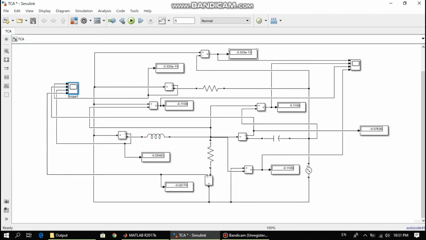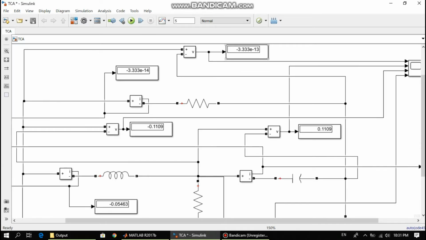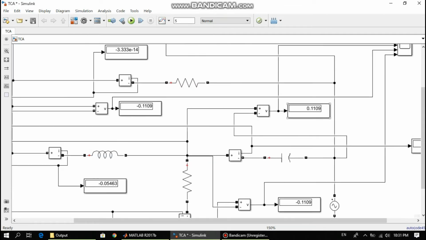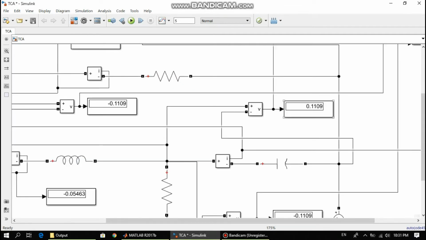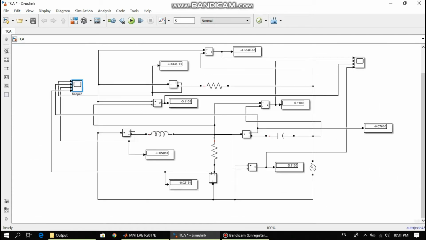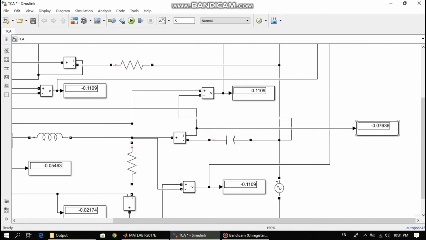And for our voltage for the 10 ohm resistor, it is negative 3.33 times 10 to the power of negative 13 volt, and the current is negative 3.33 times 10 to the power of negative 14. Our voltage for the capacitor is 0.1109 volt, and the current is negative 0.07636 ampere.